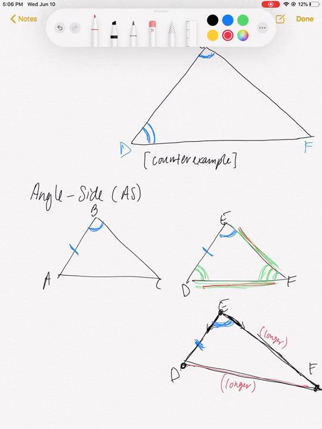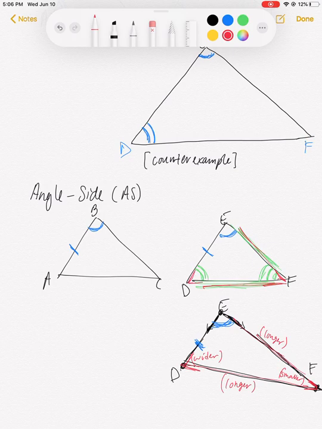Angle F is smaller. It used to be this big, now it's this big, skinny. And D has also gotten bigger, wider.